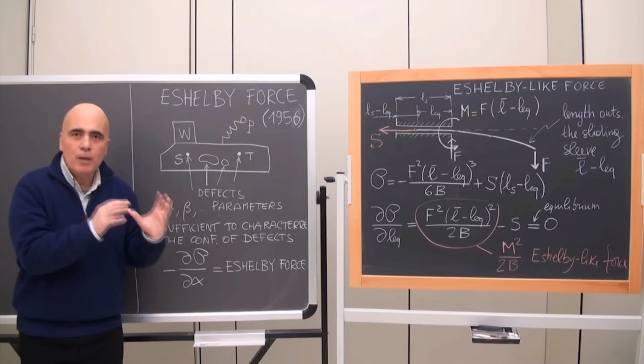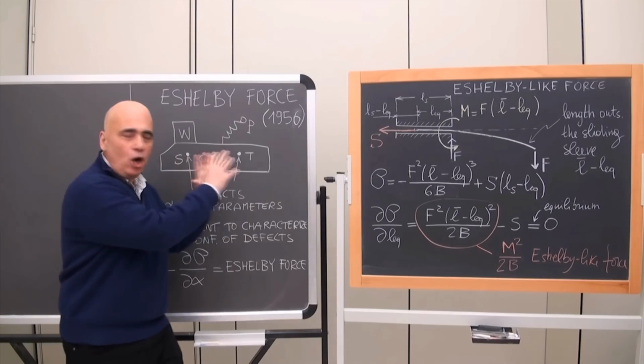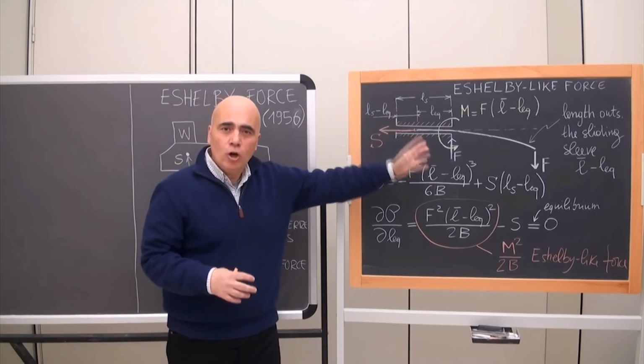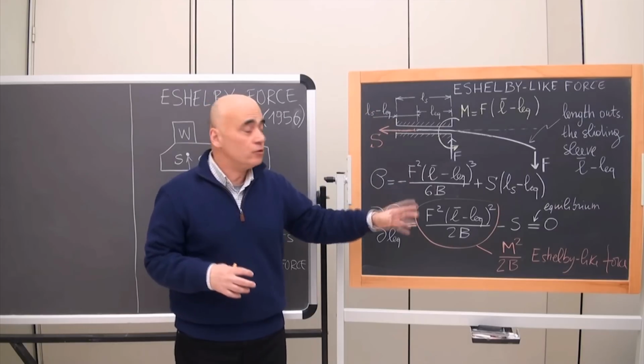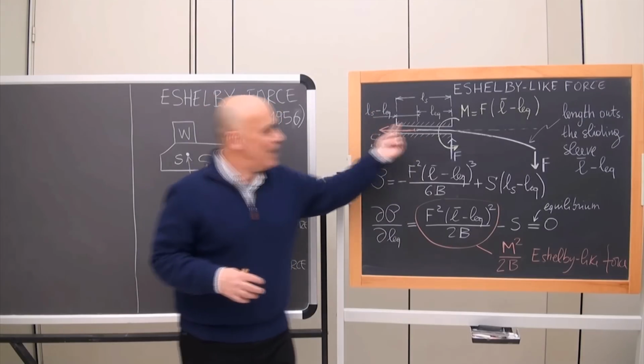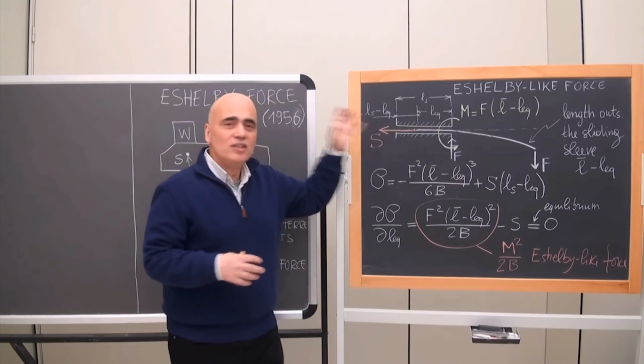Now our problem is to translate these concepts in the context of elastic structures. What you see here is an elastic rod inserted in a sliding sleeve.